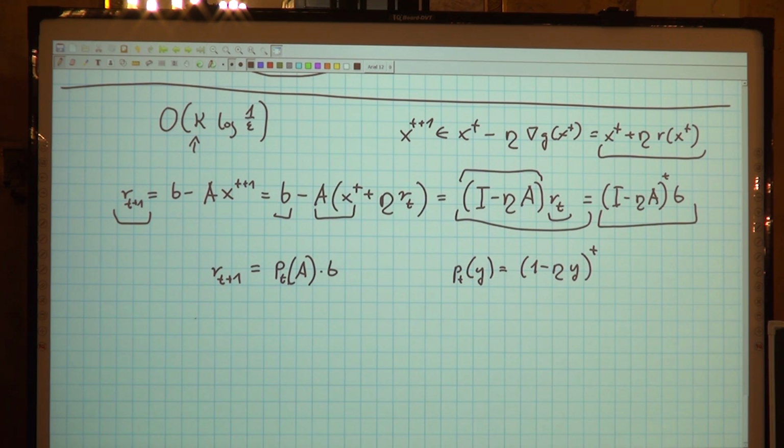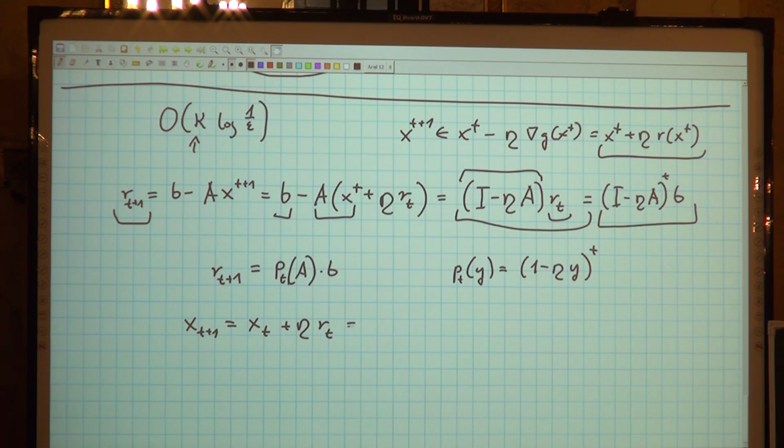Okay, and now if I want to understand how my actual solution is after t steps, then again, by definition, let me make sure I get the definitions right. I know that this is x_t plus eta r_t.